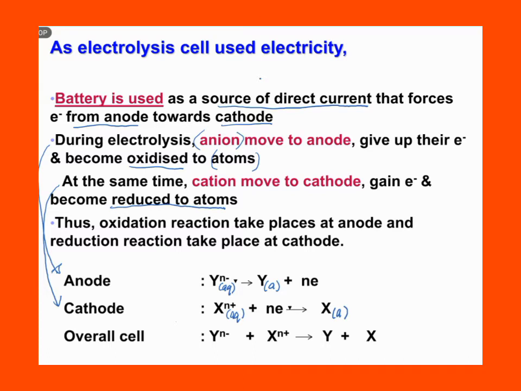Thus, oxidation takes place at the anode while reduction takes place at the cathode. The overall cell reaction can be written as Y ion and X ion turning to Y atom and X atom.